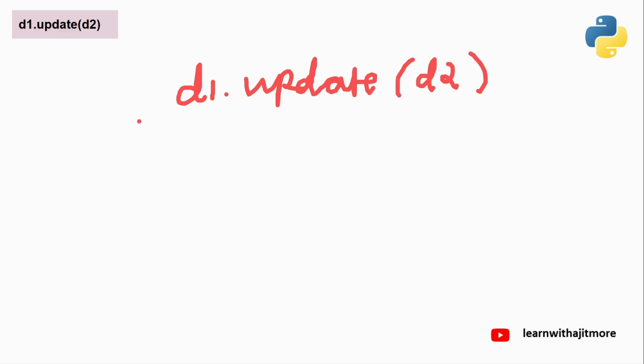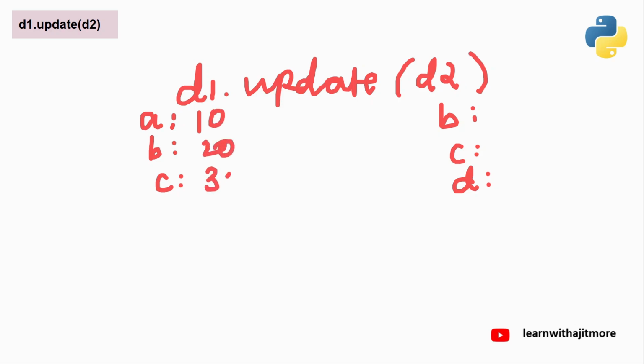मीन्स अगर D1 में की A है, की B है और की C है, और D2 में B है, C है और D है. Correct? Whatever values are there, 10, 20, 30. Maybe here we have 50, 60, 70.